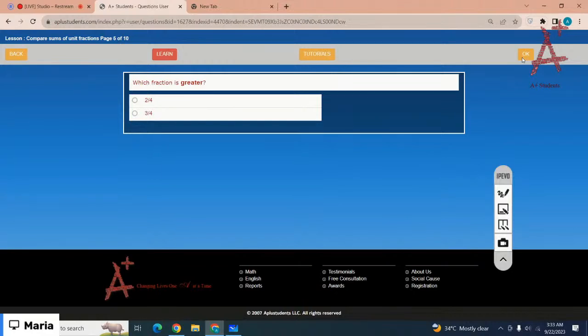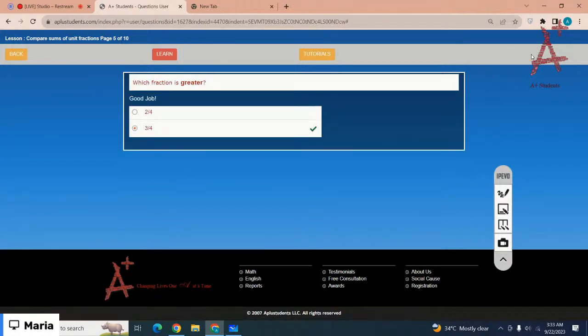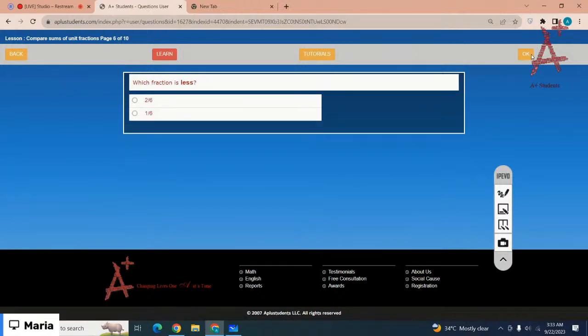Which fraction is greater? So which is greater? 3 by 4 is greater, right? Because there you have the greater numerator, so 3 by 4 is greater.